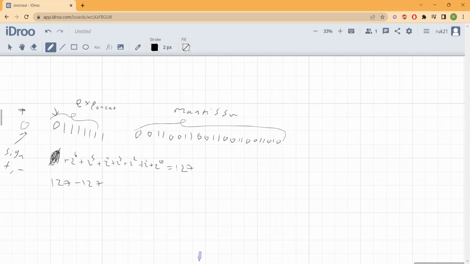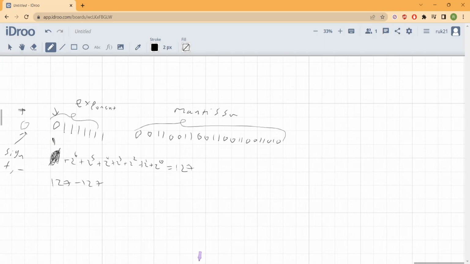Okay. So then what we're going to do now, and just as a quick note, is this going to be smaller than 127, bigger than 127, or equal to 127? I kind of misspoke earlier, but if this is a 1, the number you're going to get is always going to be bigger than 127.